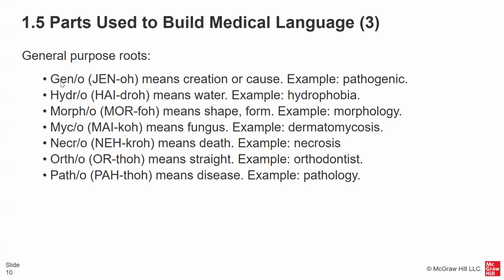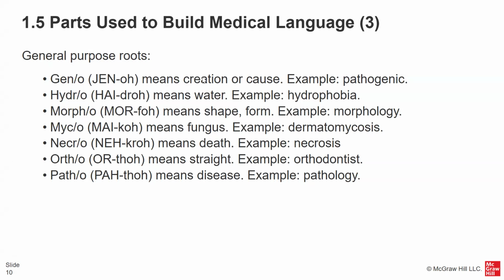So here are some common word roots. Okay. And with every chapter, we will be building on to those. With every chapter, we do a new body system, and so newer or more word roots come into play.